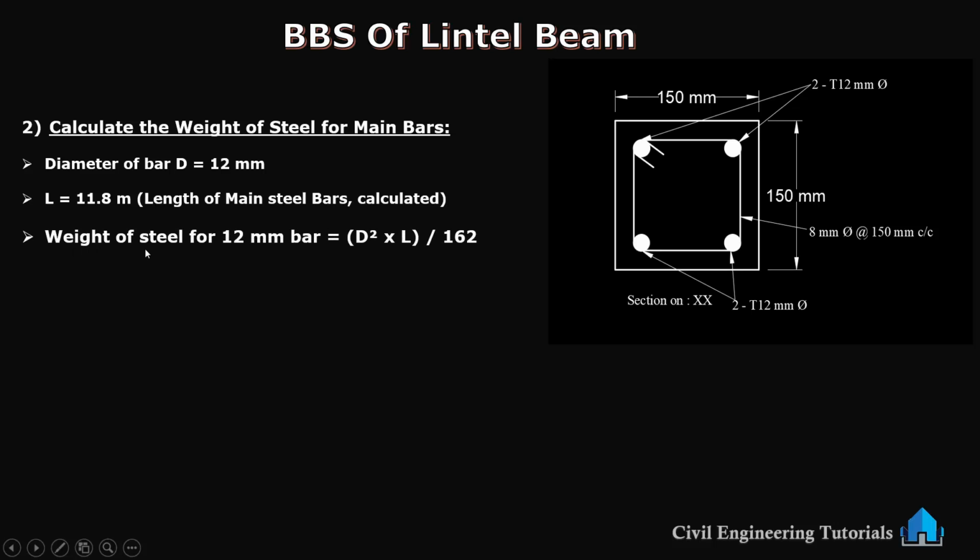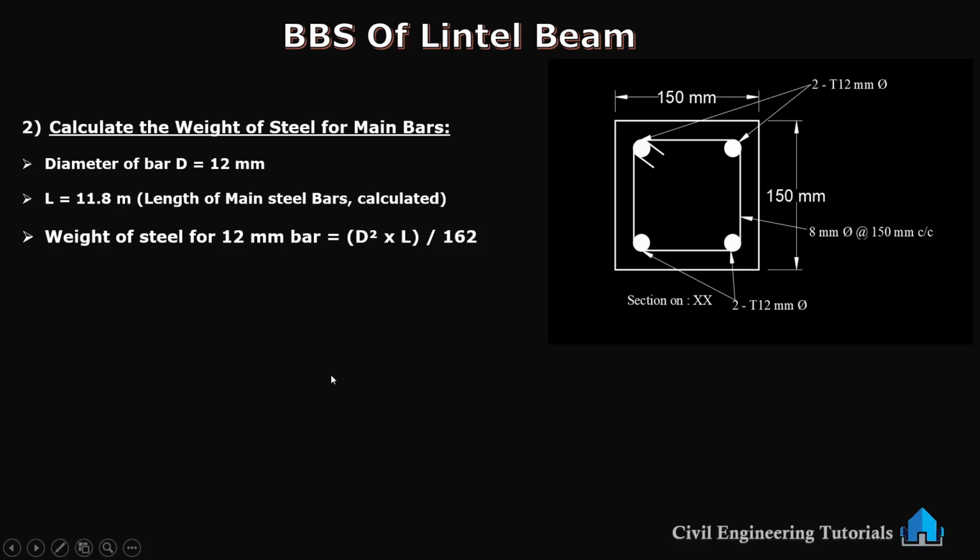Weight of steel for 12 mm dia bar. Its formula is D square into L divided by 162. D is the diameter of the bar, 12 mm. L we have calculated as 11.8.